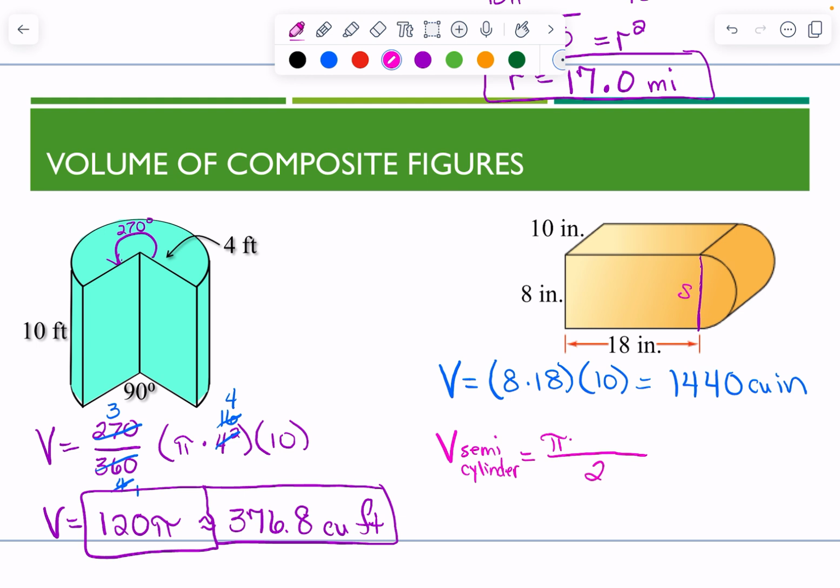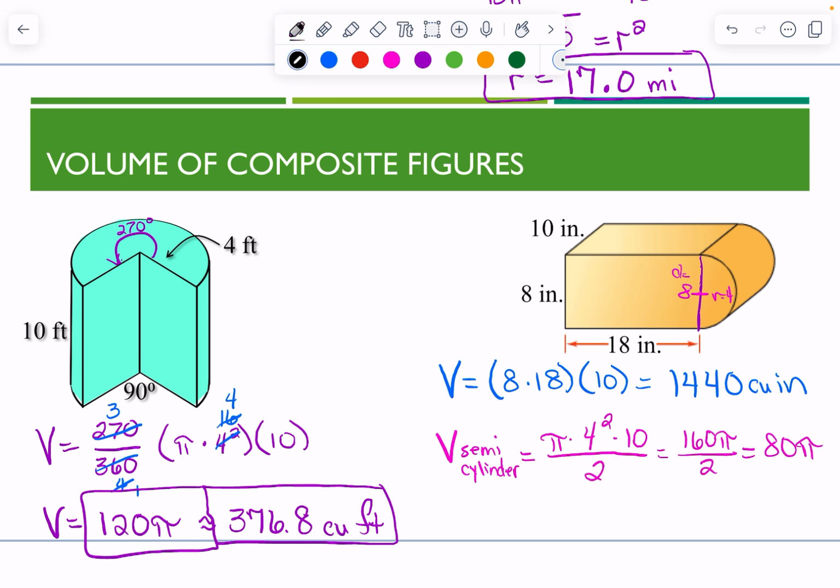The diameter is 8, so the radius would be 4. So we have pi times 4 squared, and the height of the cylinder is the same as the height of the prism, which is 10. That's going to get me 16 times 10, which is 160 pi, divided by 2, which is 80 pi.